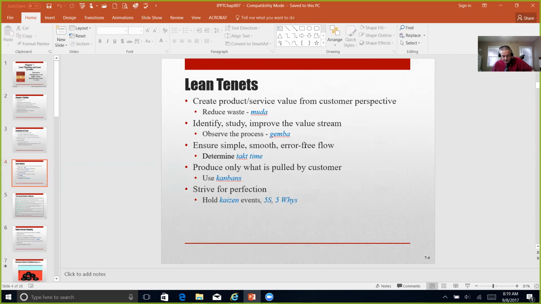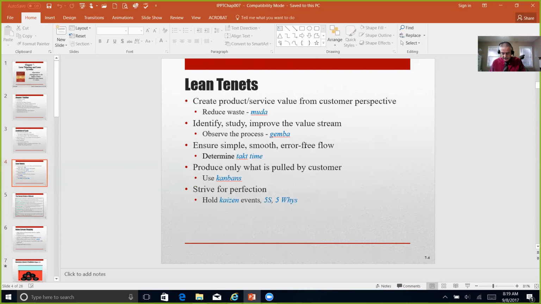And you see some of those terms there in table 7.1. Good information as you're thinking about learning these concepts, the 7 forms of waste: overproduction, waiting time, unnecessary transportation, excess processing, too much inventory, unnecessary motion, defects. Just the tenets that were described in the 7 forms of waste.